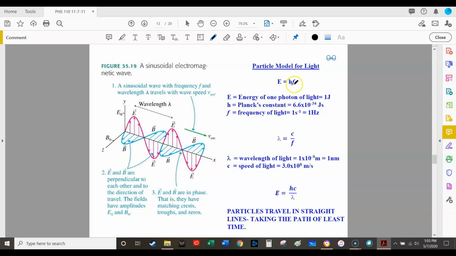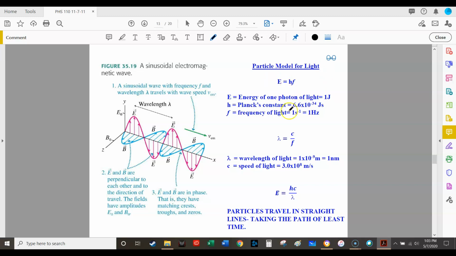And we had talked about how h is the Planck's constant, which is a constant. It's 6.6 times 10 to the negative 34th joule seconds. Energy is a unit of a joule. We learned that from physics 121 or 111. Okay, so the energy of one photon of light is basically in terms of joules, correct?